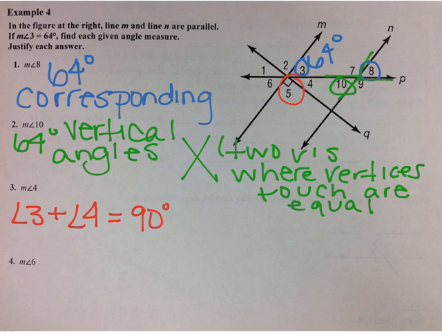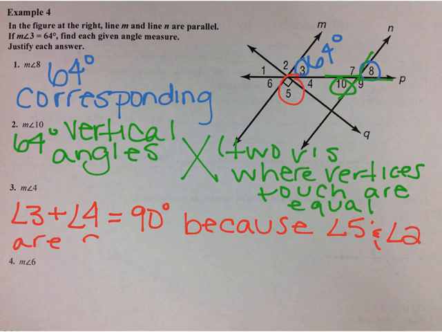So, because angle 5 and angle 2 are 90 degrees, we have to say that 90 minus 64 will give us our answer for angle 4. So 90 degrees minus 64 degrees is equal to 26 degrees. And that's what my measure of angle 4 is.